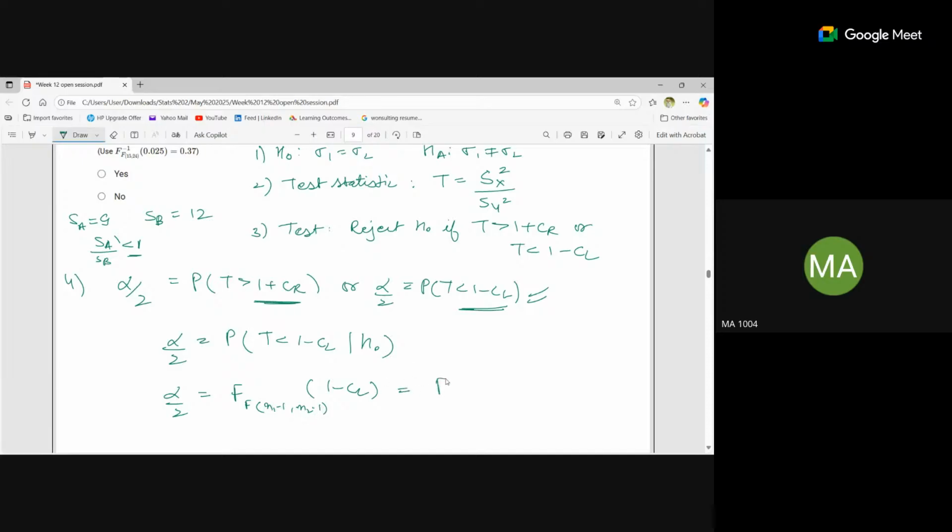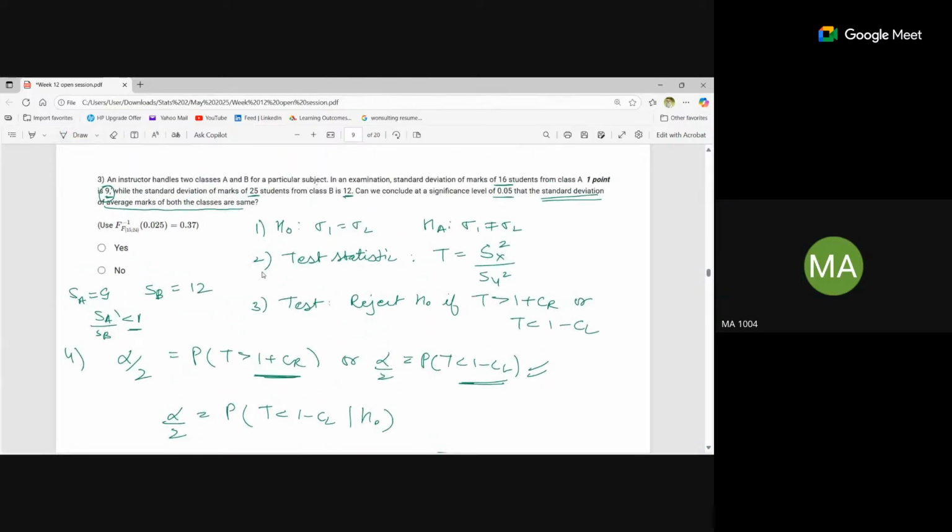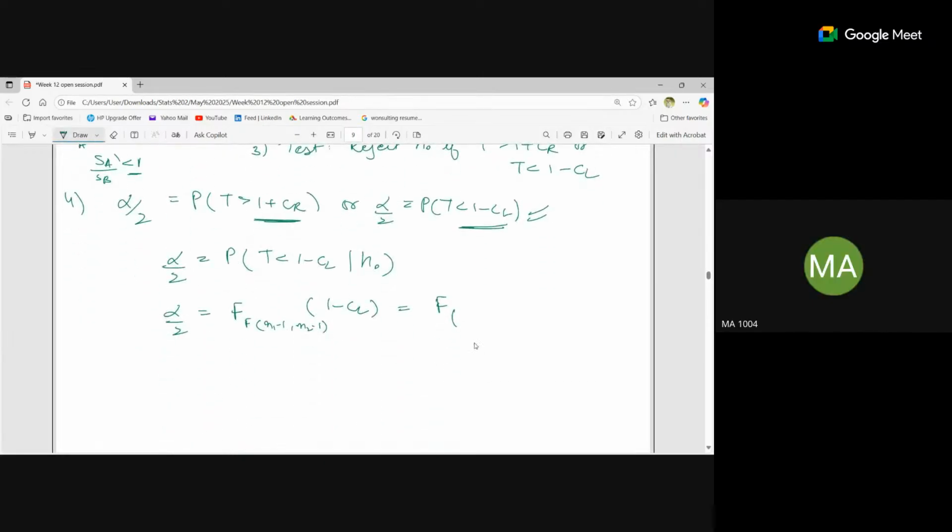So I can write this as F. What is n1? 16. So the degree of freedom for the numerator will be 15, and for the denominator, 24. So this is 1 minus CL.